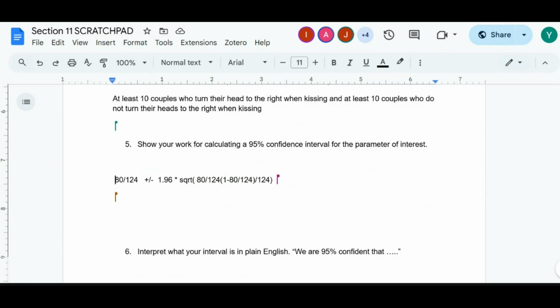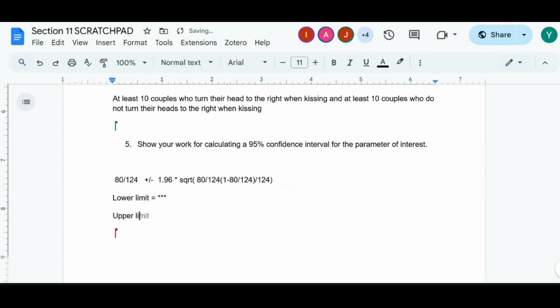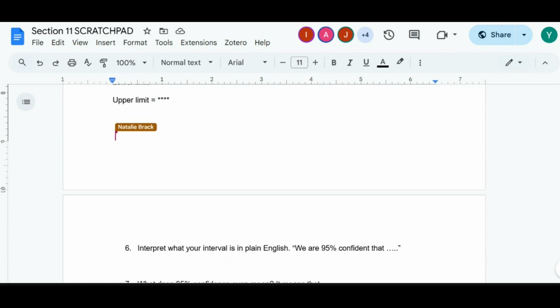So yeah, that's it. To save us some time, I'm not even going to ask you to calculate this. I'm just going to say the lower limit is star, star, star, some number. And the upper limit is star, star, star, star. All right? So can you interpret what your interval is?